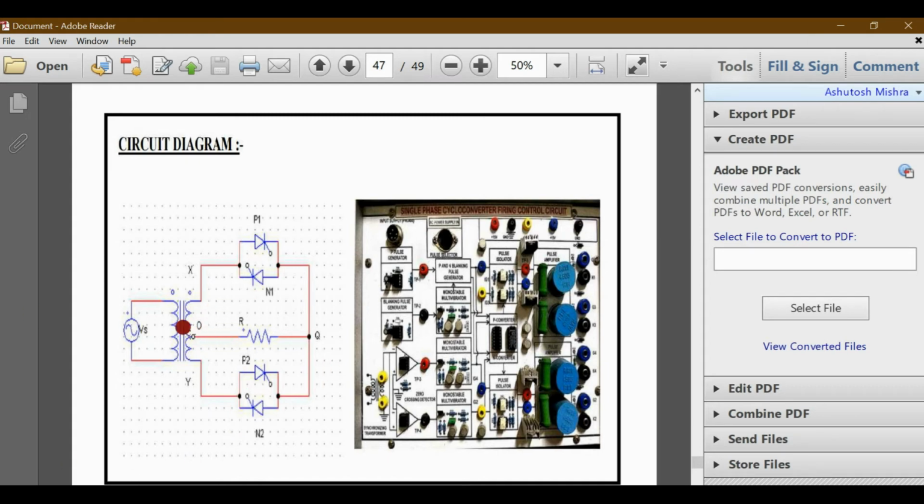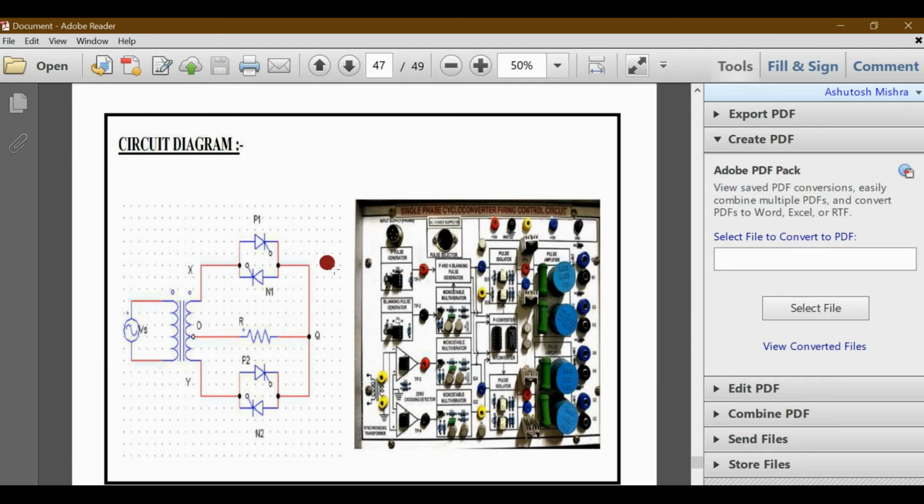And then this resistive load is connected through the midpoint, the center tapping, at the center of this winding. So through this center tap and in this branch, the midway O and Q, the resistive load is connected between O and Q.